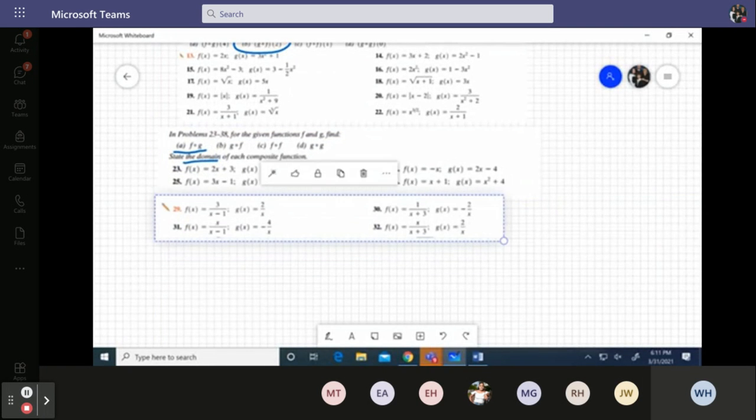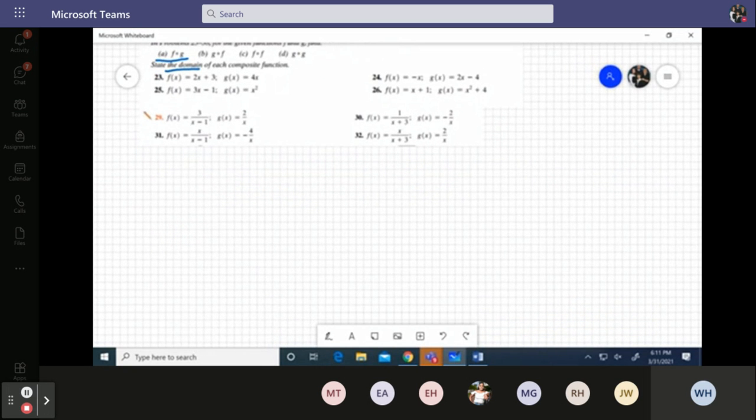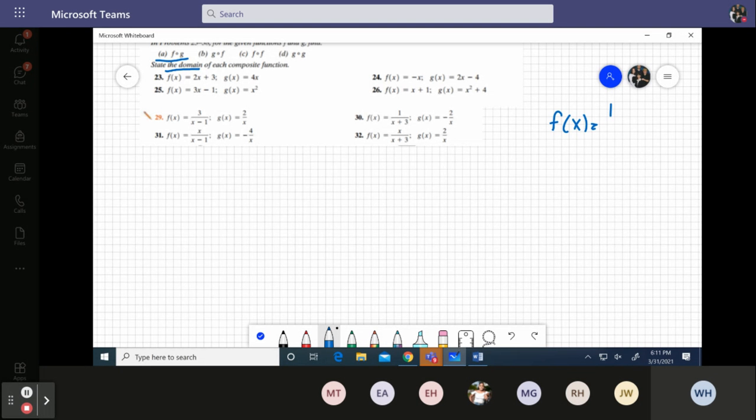So we've got to remember our 3 restrictions on domain, right? If I have f of x is equal to 1 over x, what cannot be in my domain?